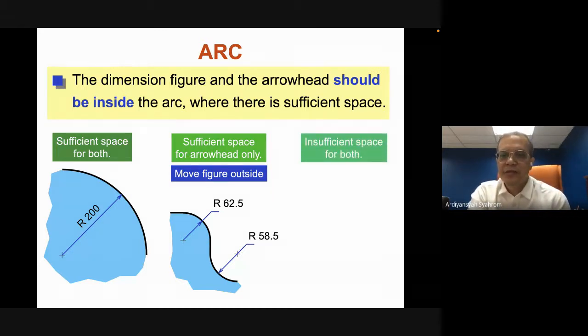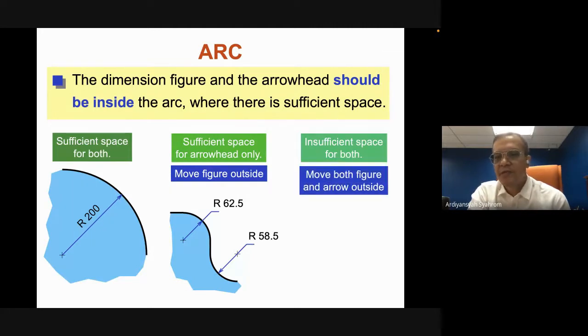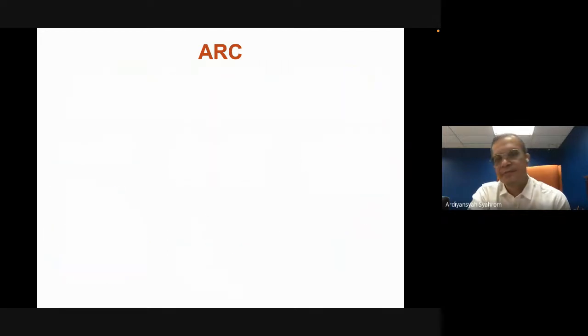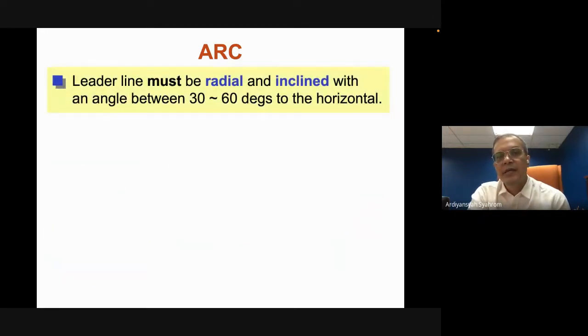If there is insufficient space, you can move the arrow and the figure outside. Yeah, the arrow outside. The leader line must be radial or inclined, with an angle between 30 to 60 degrees to the horizontal.